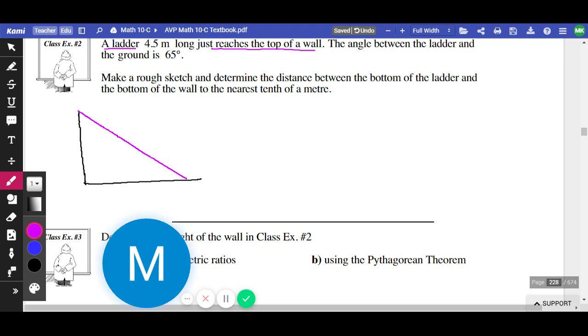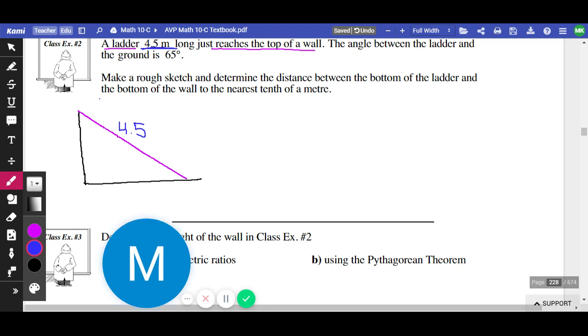Now that I've got my triangle going and I know where things are, I can start to label it. So it says a ladder 4.5 meters long. And that means my ladder right here is 4.5. A ladder, 4.5 meters long, I've done that, just reaches the top of the wall. I've done that.